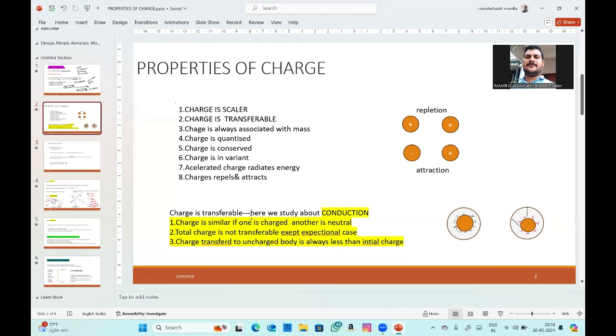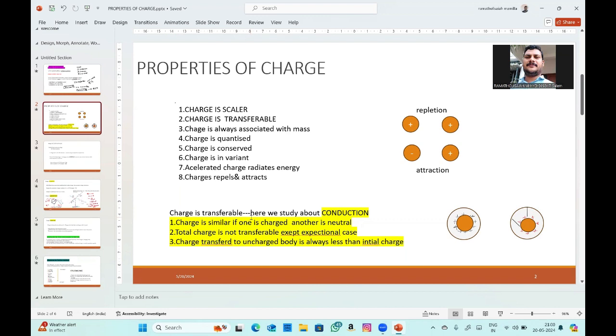In this process, will the total charge transfer or not? In the conduction process, the total charge will not transfer. The transferred charge means the uncharged body gets some charge from the charged body by means of electrification. So this charge will be less than the initial charge. In the conduction process, if the charging body has positive charge, the similar charge is obtained by the uncharged body, and vice versa.